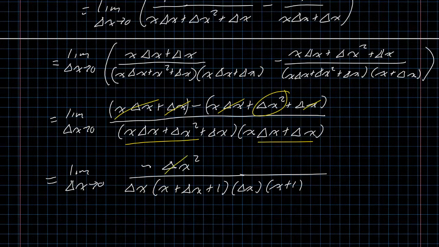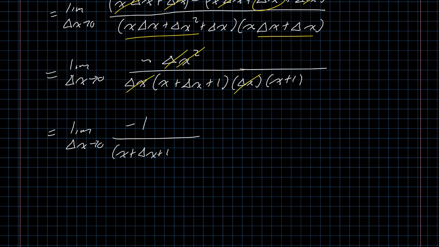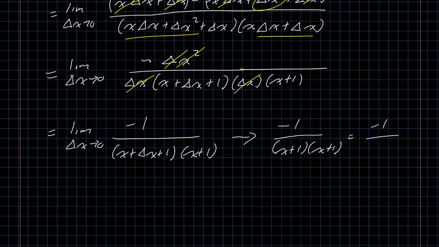And then these two factors of delta x cancel out those two factors of delta x. And we are left with -1 over x plus delta x plus 1 times x plus 1. And as delta x goes to 0, this becomes -1 over x plus 1 times x plus 1, or -1 over x plus 1, the whole thing squared.